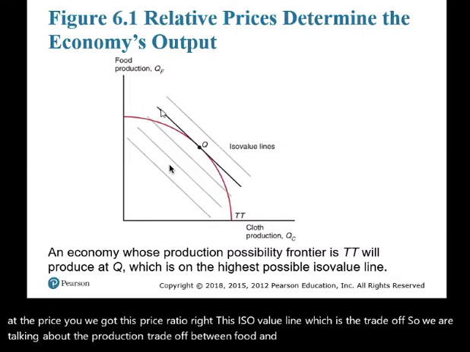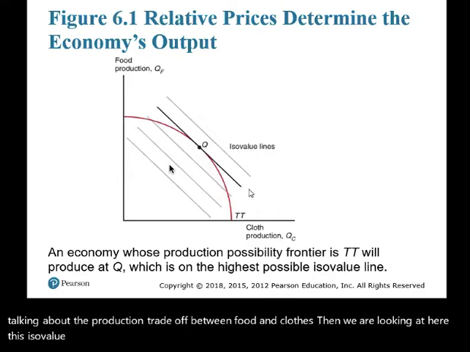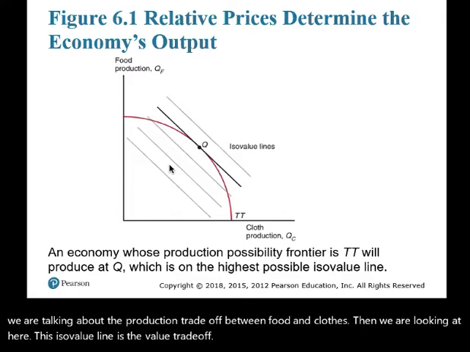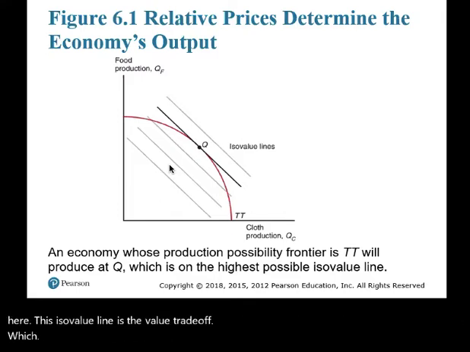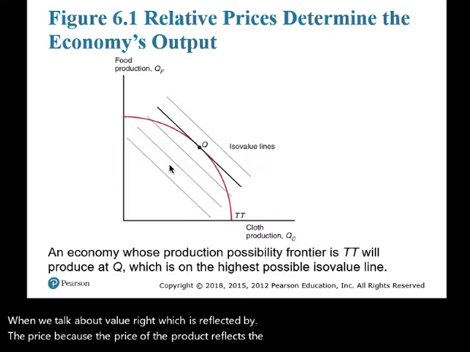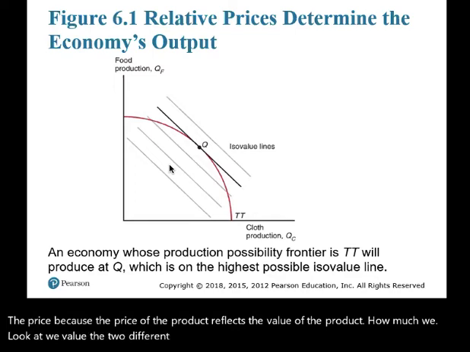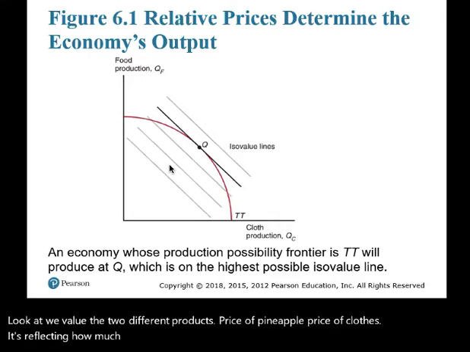Then this iso-value line is the value trade-off. When we talk about value, it is reflected by the price, because the price of the product reflects how much we value the two different products. The price of pineapple and the price of clothes reflect how much we value them.